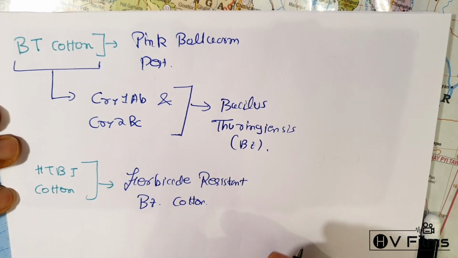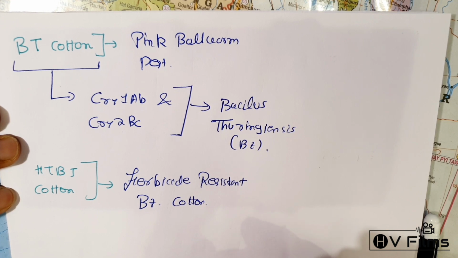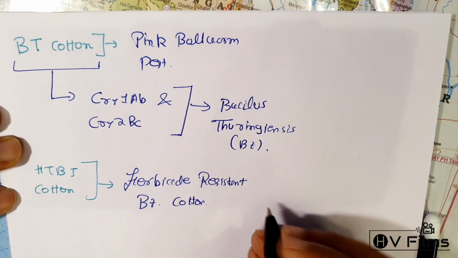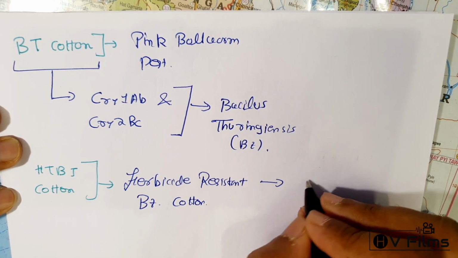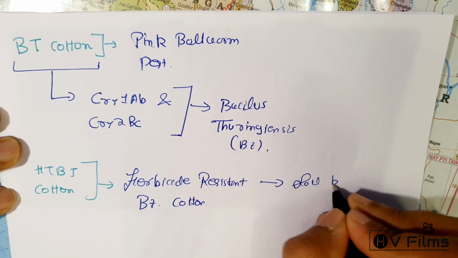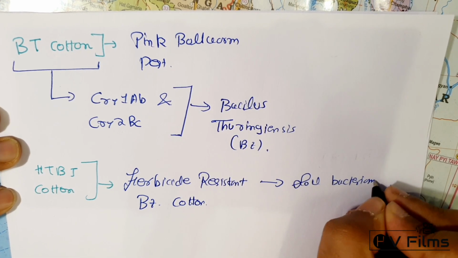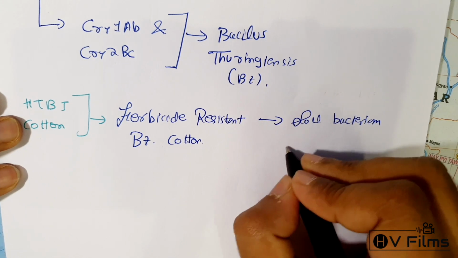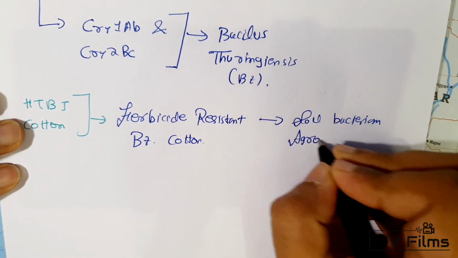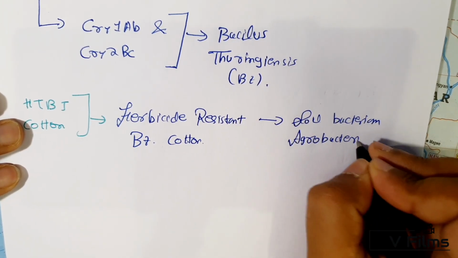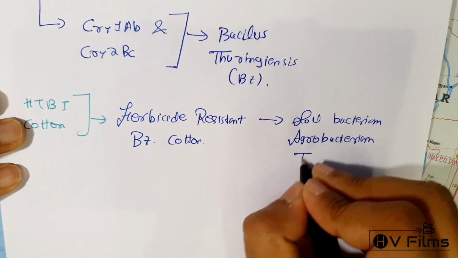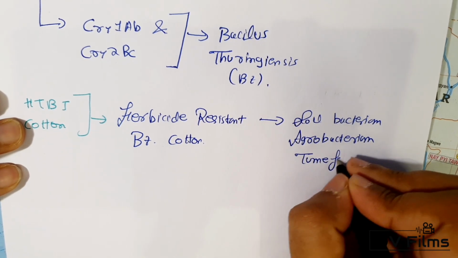Now the cotton seed is inserted with the CP4 gene from the soil bacterium Agrobacterium tumefaciens.